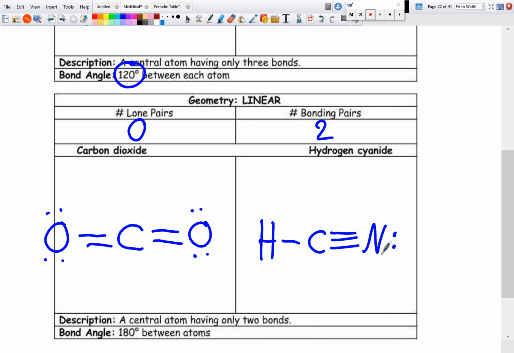Now, I know the peripherals have lone pairs, but they are not going to affect the shape. It's only around the central atom. That is it. And of course, the bond angles here, we have 180 degrees. Now, I'm not going to get you to memorize all the bond angles, but those are just there to give you an idea that when we've seen lone pairs, they're affecting the bond angles greatly. And when we don't have lone pairs, everything is spaced out as evenly as possible.